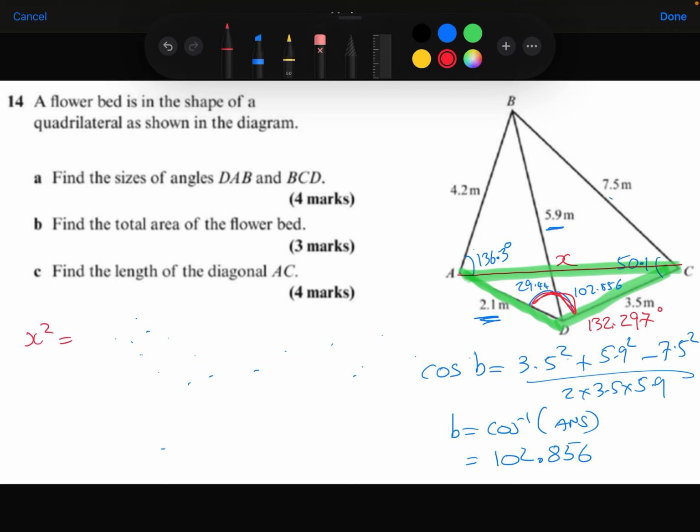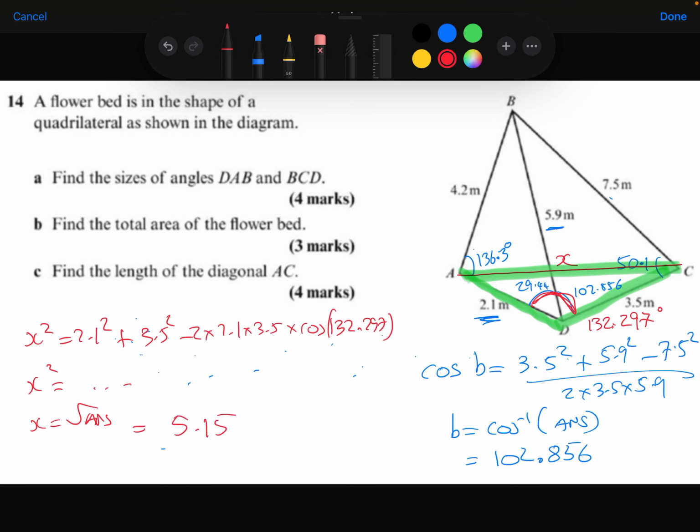So x squared equals 2.1 squared plus 3.5 squared minus 2 times 2.1 times 3.5 times cos of 132.297. So if we work that out, and then square root our answer, we find that x is 5.15 meters.